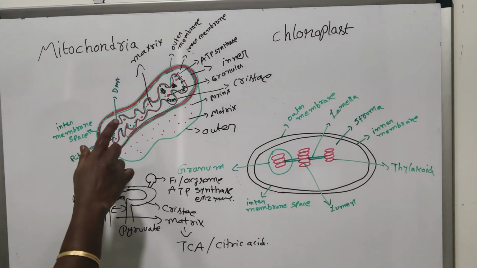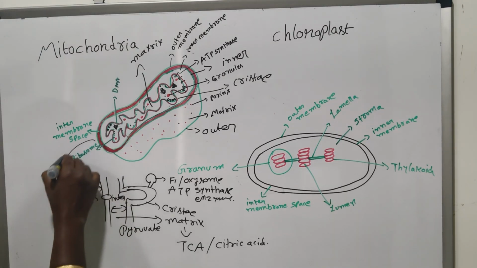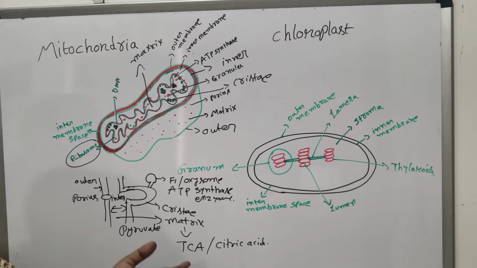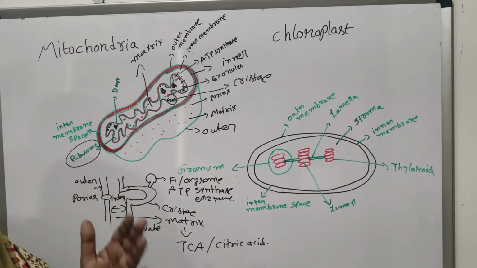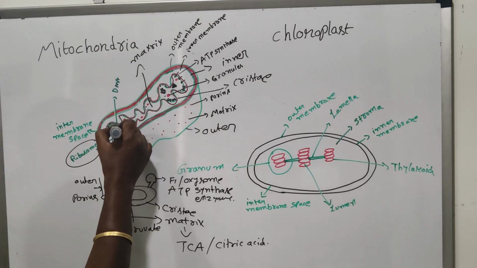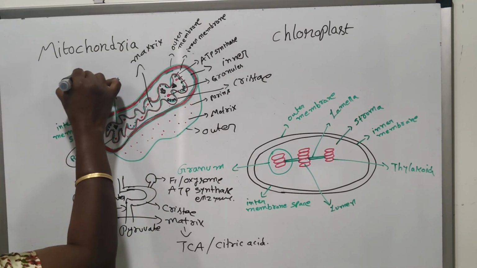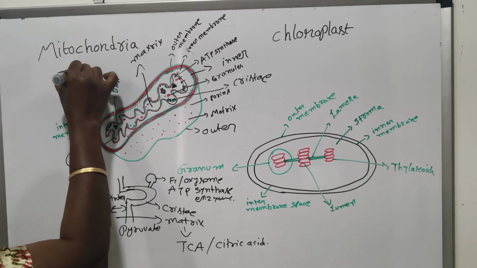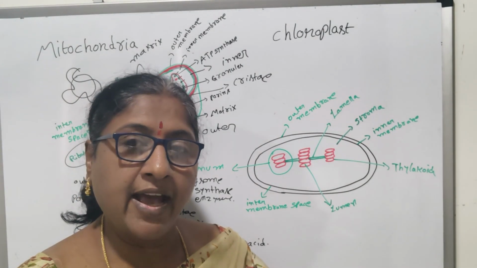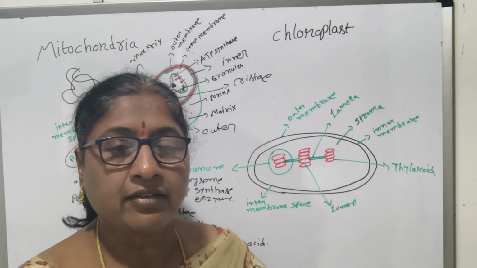Coming to the matrix, it shows the presence of the ribosome. So this ribosome is helpful in decoding the DNA into RNA into protein. So this matrix shows the circular DNA. The circular DNA is maternally inherited.